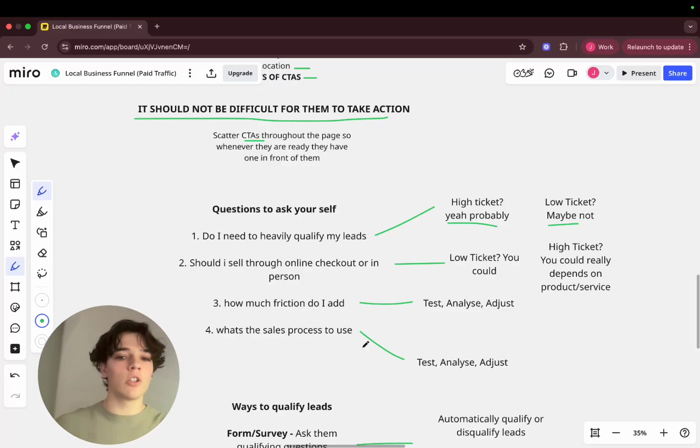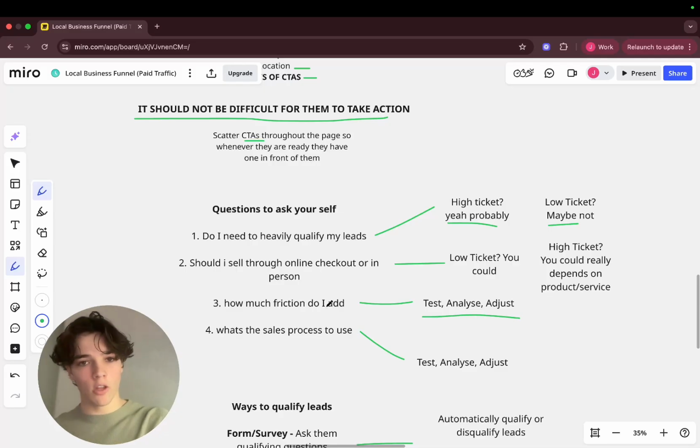And how much friction do I add? Test, analyze, and adjust. Those are things not just for the friction, but for everything on the landing page. And if you are testing anything on the landing page, change one thing at a time. For example, if you want to do a split test, so 50% of the people go to this version, 50% go to this version, change one thing, for example, the headline.